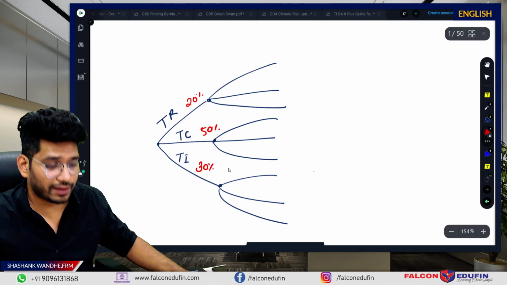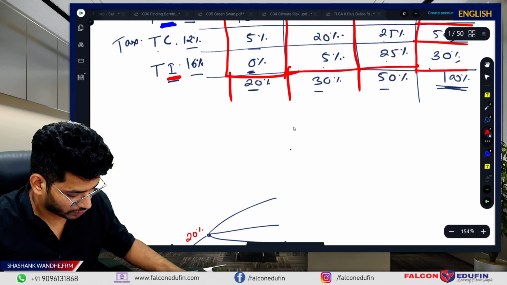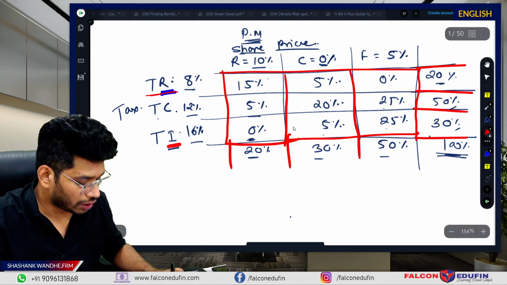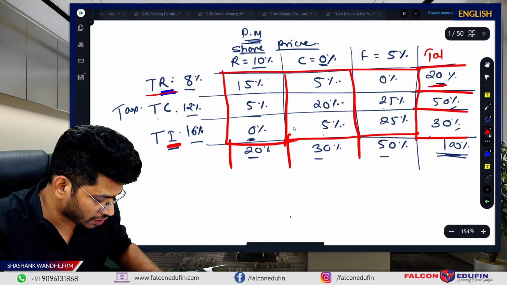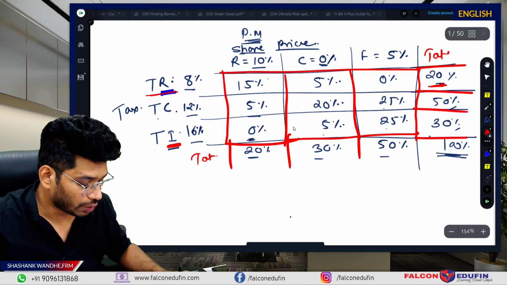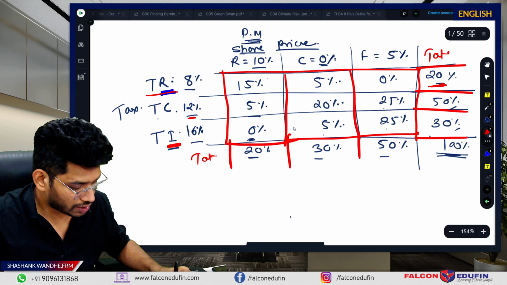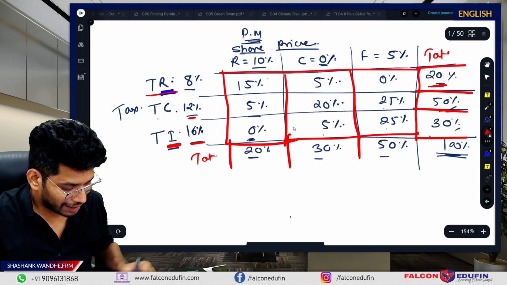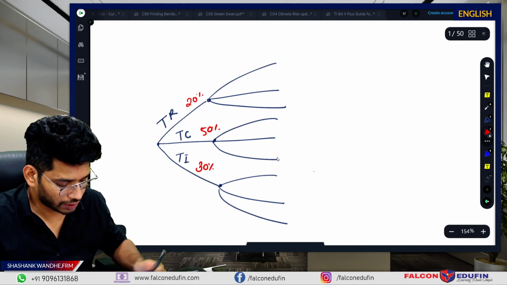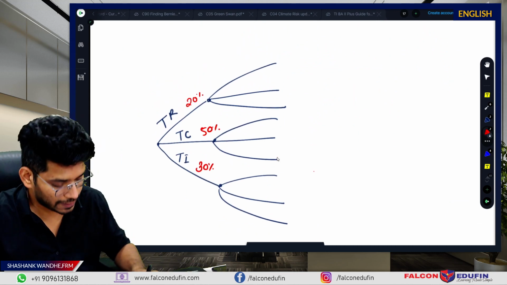We can cross tally this from our probability matrix. See, tax reduction 20% total. This is the totals column. So total tax reduction 20% probability, tax constant 50% probability, and tax increase 30% probability. Very simple, right? So 20, 50, 30%.